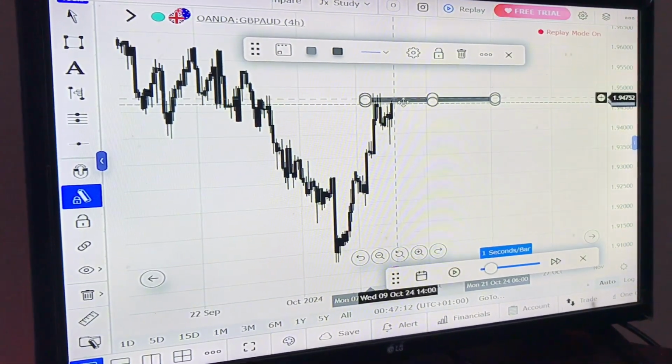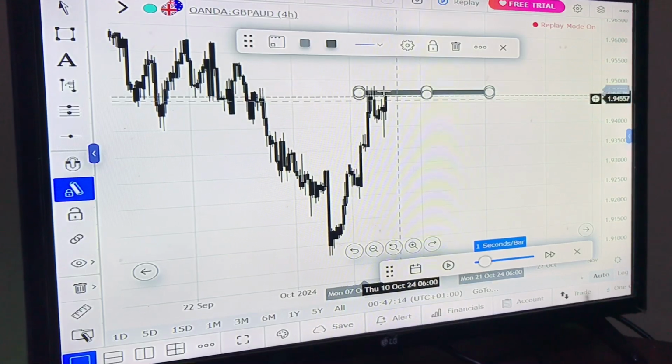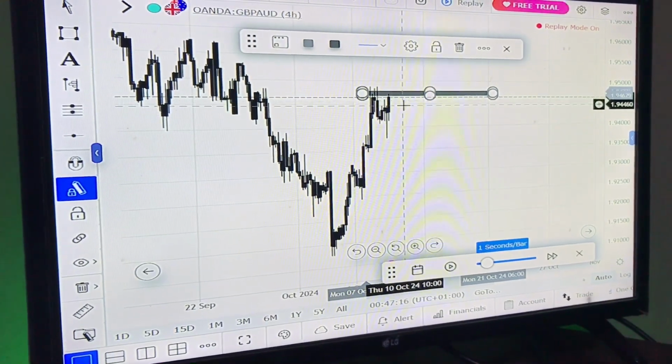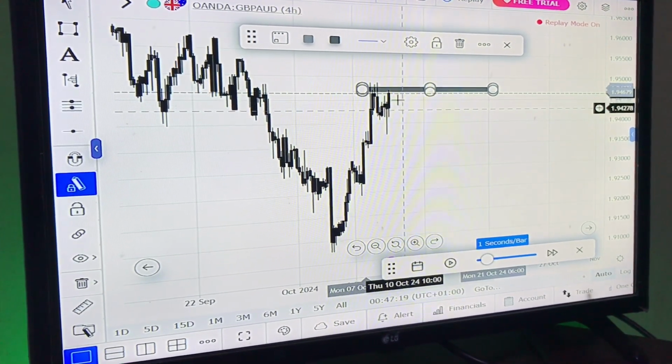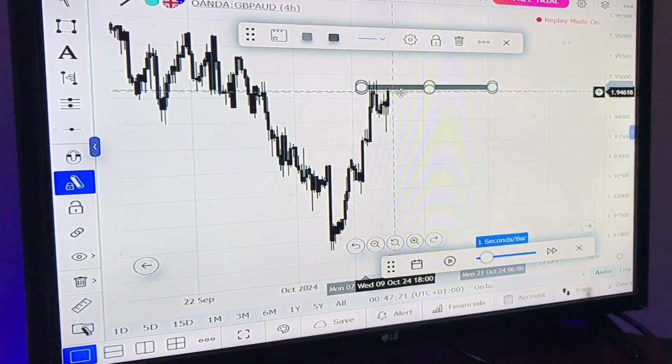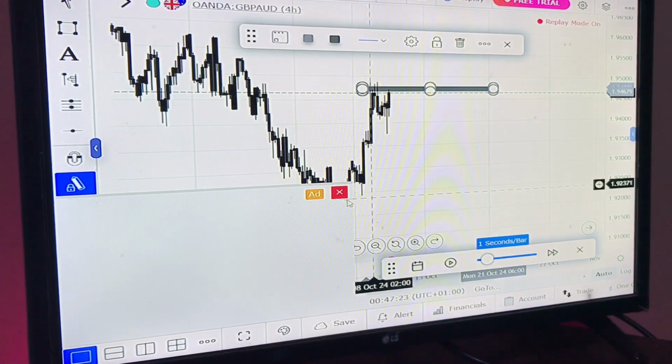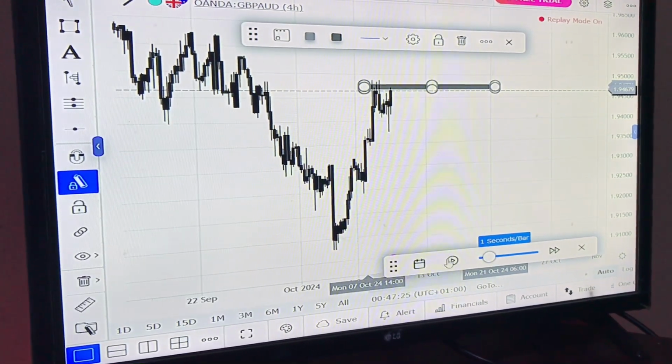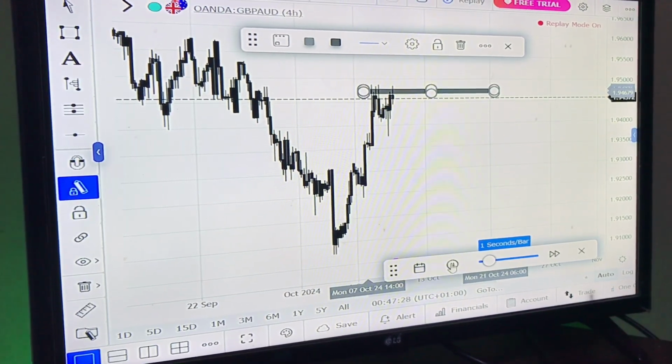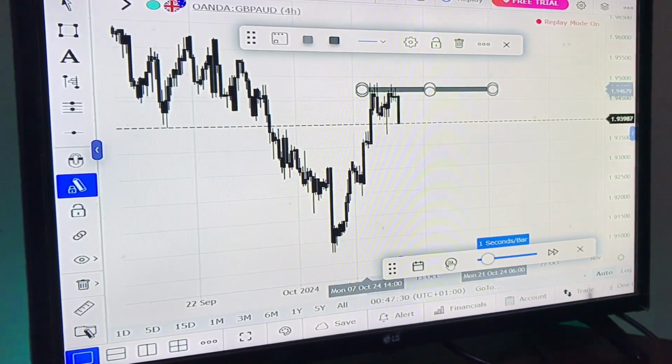I will make a video dedicated to how to identify break of structure in subsequent times to come. Once you go to your lower time frame and identify that, you can now place your trade and watch how it will actually play out.